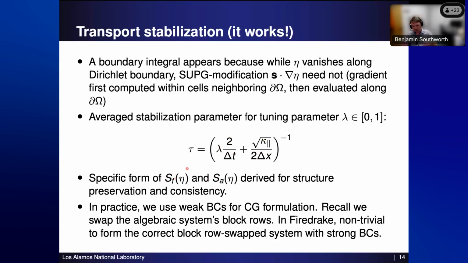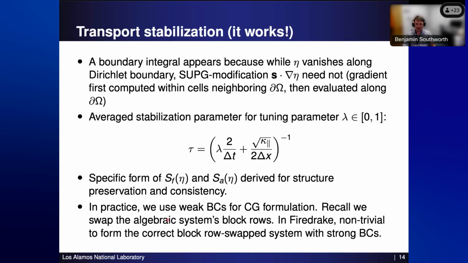These were chosen very particularly for structure preservation and consistency. So I'll get to that in the last slide, but we had a few structural properties that we wanted to preserve in our discretization. And so we started there. And then in doing the derivations, we worked out exactly what SF and SA need to be in the weak formulation to satisfy these properties.